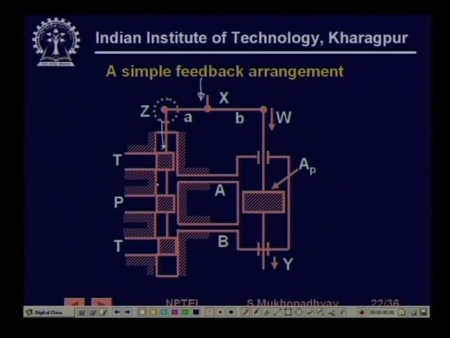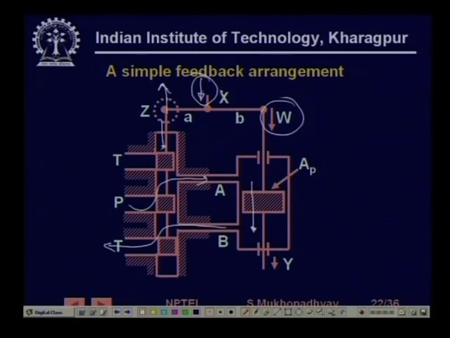The moment it shifts this way, the pump connects to this and the tank connects to this. So, the actuator moves this way. When the actuator moves this way, W moves this way and that will tend to put it back. So, the cause that was created, the effect will nullify the cause, that is why it is a negative feedback situation and it is stable.